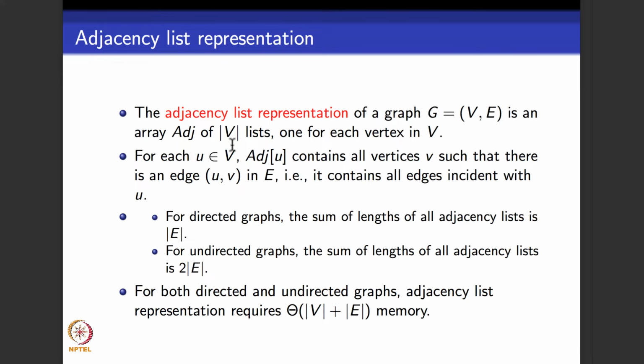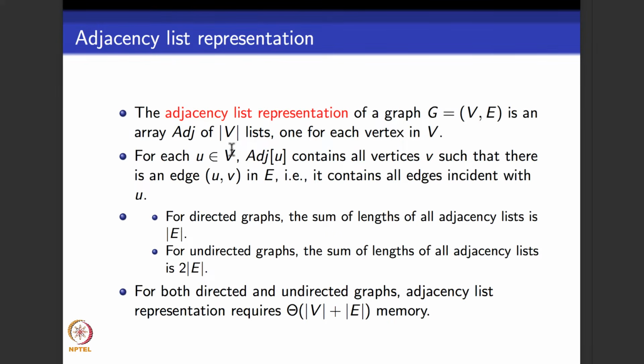How many lists are there in the array? There is one list for every vertex. So totally there are mod V lists. What does each of these lists contain? Each of these lists contains all the vertices that are adjacent to the given vertex V. That is, it contains each vertex U such that UV is an edge in the graph.